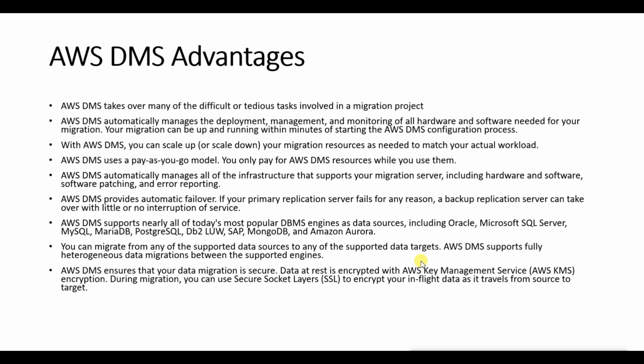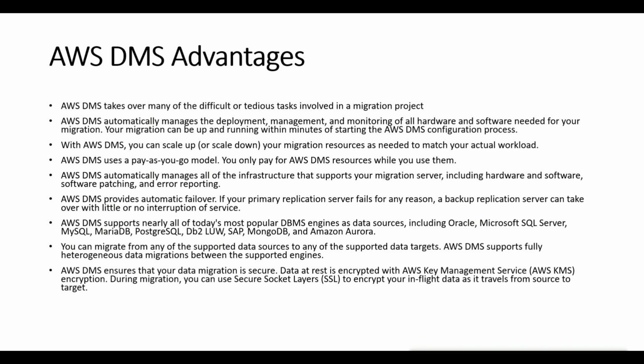It automatically manages all of the infrastructure that supports your migration server, including hardware and software patching, and error reporting. It provides automatic failover. If your primary replication server fails for any reason, a backup replication server can take over with little or no interruption of service.